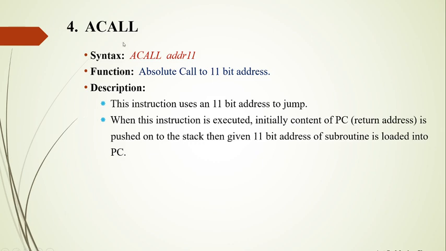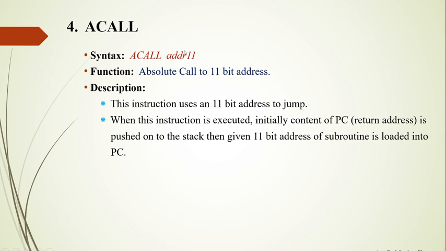While the controller executes this instruction, the program counter already contains the next instruction's address. But after execution, since the 11-bit address is given in the instruction, the microcontroller has to jump to that location, so the program counter must hold the address of that location.